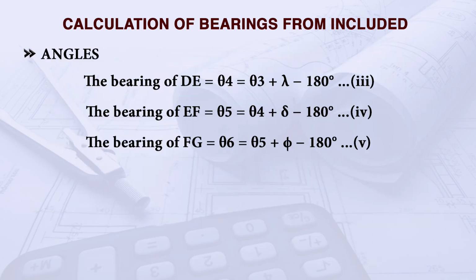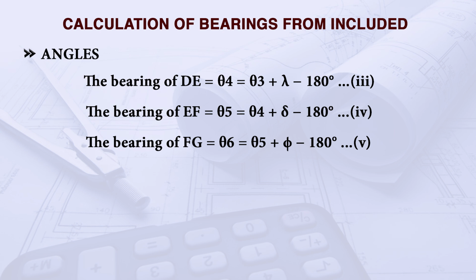Next, the bearing of DE, that is theta 4, is equal to theta 3 plus gamma minus 180 degree. The bearing of EF, theta 5, is equal to theta 4 plus delta minus 180 degree. And last, the bearing of FG, that is theta 6, is equal to theta 5 plus phi minus 180 degree.